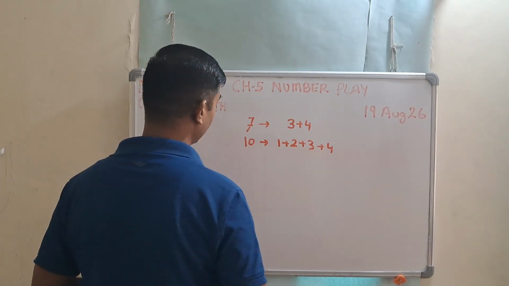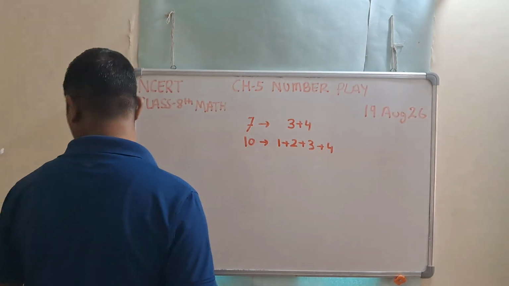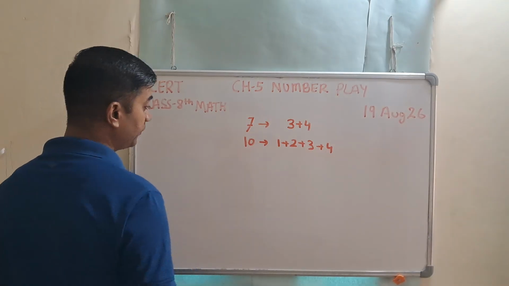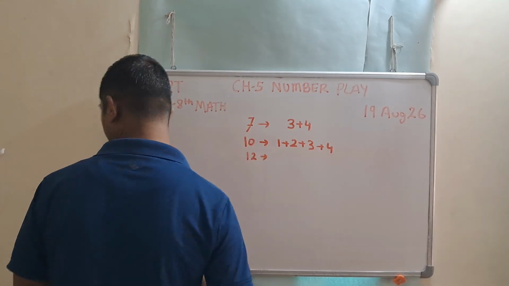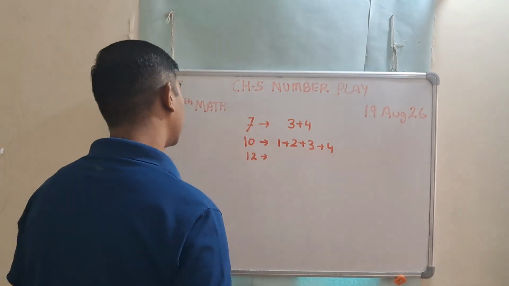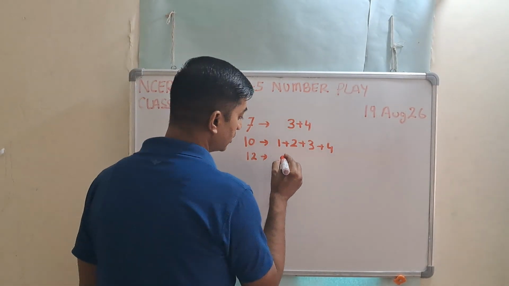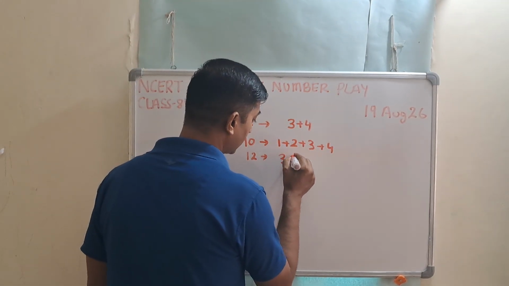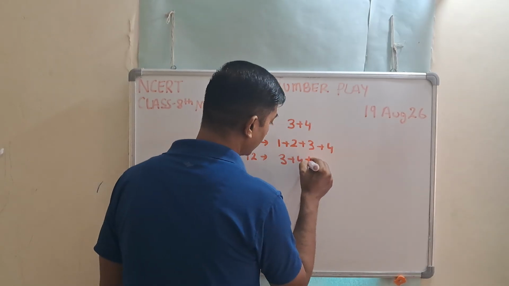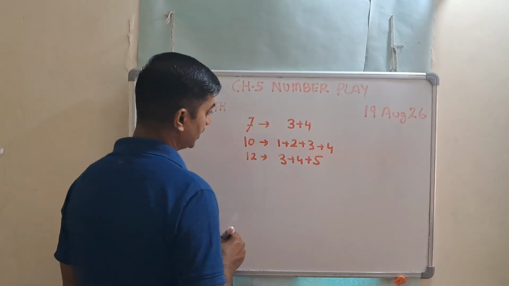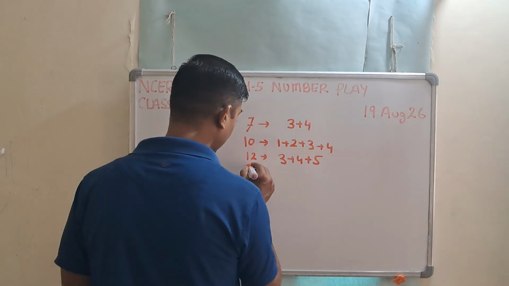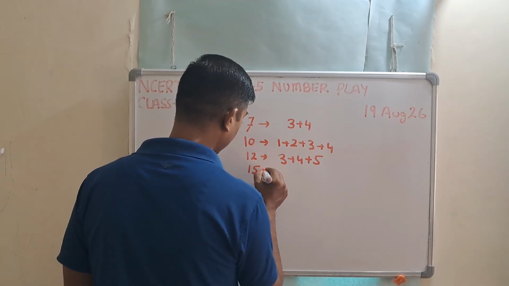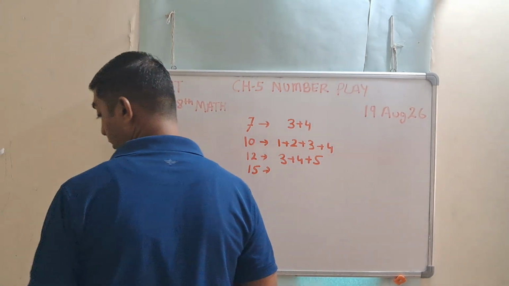What other examples have they given? They have given 12 and 15. What about 12? 12 is the sum of consecutive numbers 3 plus 4 plus 5. Understood? And then they have given 15. What about 15?